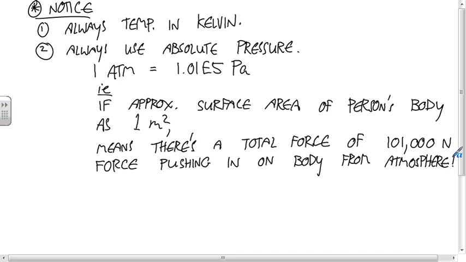Okay, so I was going to say that's a ton of pressure, but actually this is much more than a ton. That's a huge amount of force, unbelievable amount of force. So why is it that your body just doesn't collapse like an empty can?